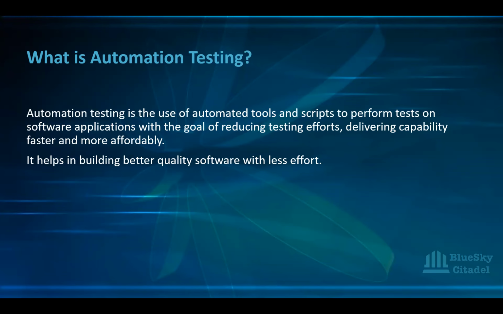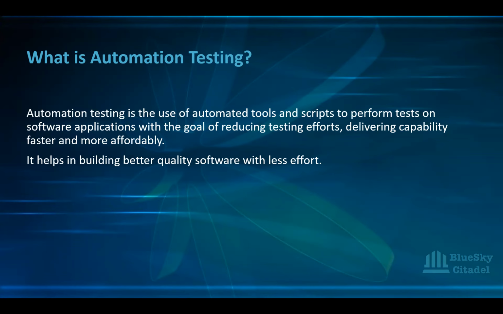Now, what is really interesting with automation testing is that it helps you to get a better quality software. The quality of the software is better with less effort. When you do manual testing as well, you can get the output of a quality software, but the effort required is higher.